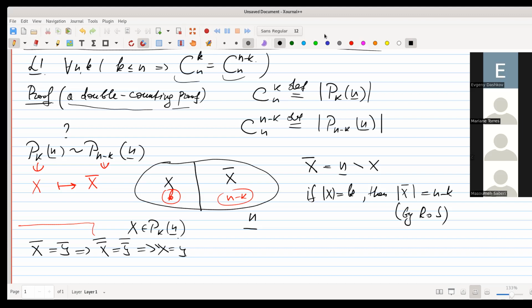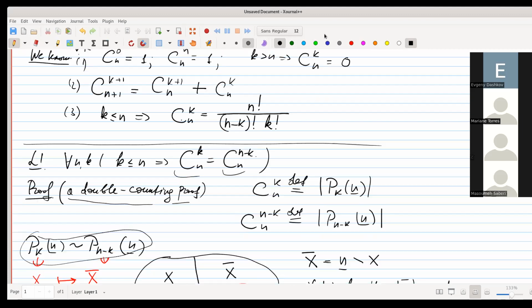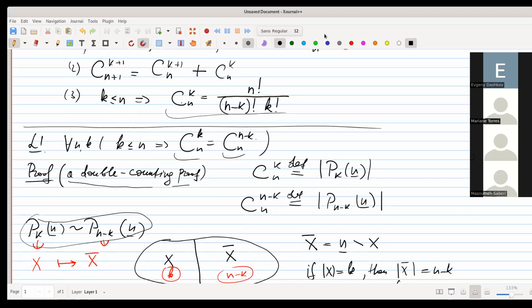Of course, because every set is the complement of its complement. So we see that we have as many k element subsets as n minus k element subsets. So these two numbers must be equal independently of the explicit formula.